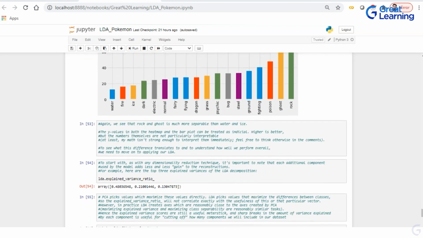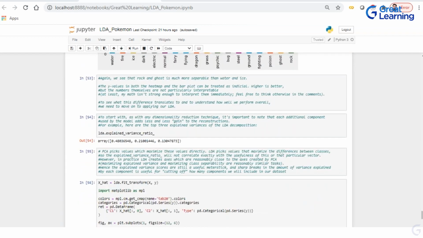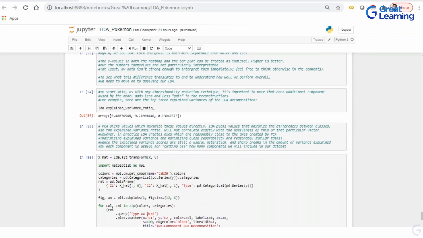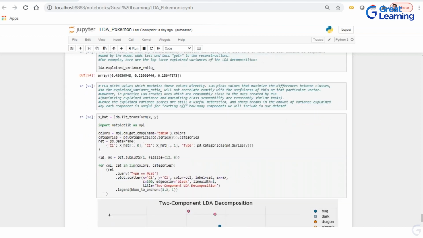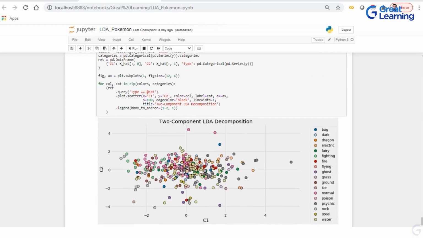Now, finally, we wanted to find out whether there is a possibility to divide it with a linear classifier or not. For that, what we had to do is put the categories onto a map, which gives us a scatter plot to show the LDA decomposition, which means something like this.